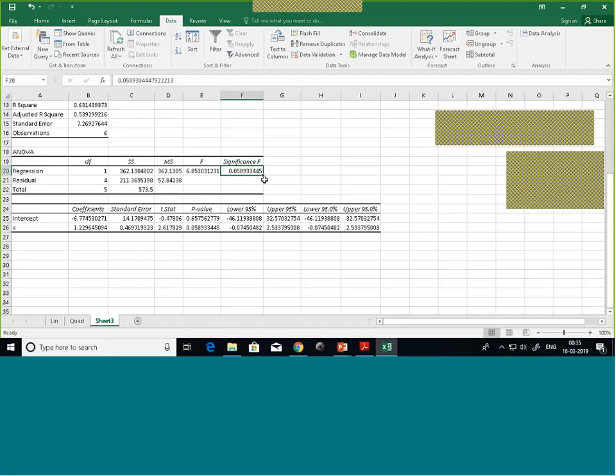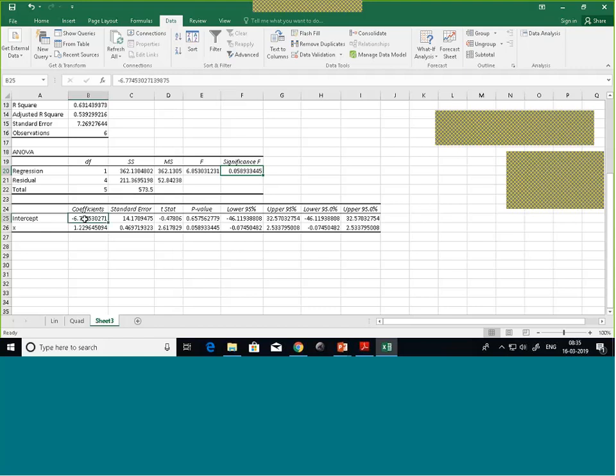We reject H naught. But we got 0.0589, which is above 0.05, so we do not reject H naught, which means that the relation is not that much significant.